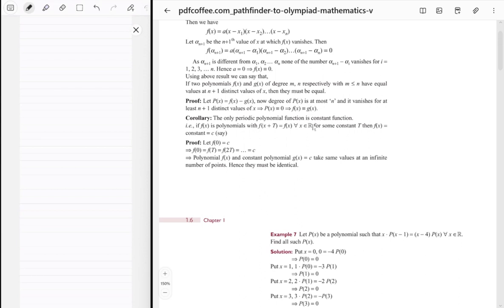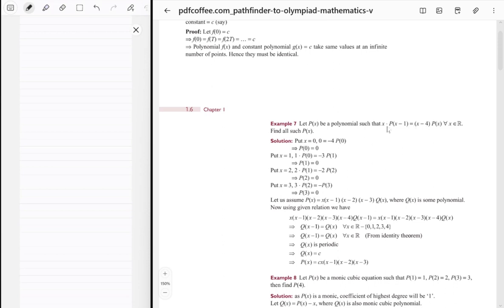So for infinitely many values you have the same value, and that just means that p of x is equal to a constant polynomial, right? Because p of x minus that constant, a polynomial of degree n supposedly, has an infinite number of roots.